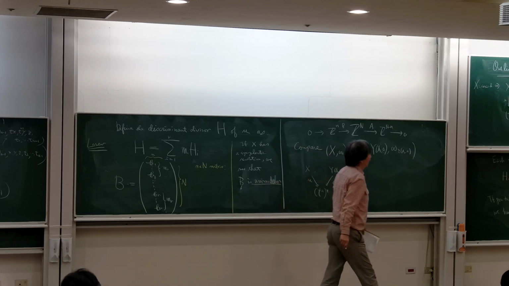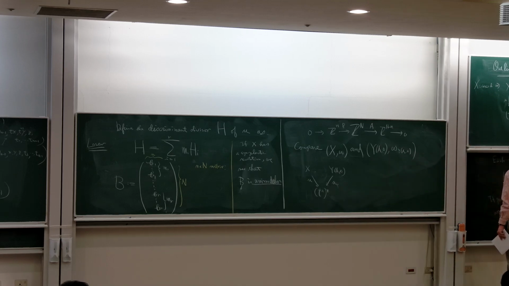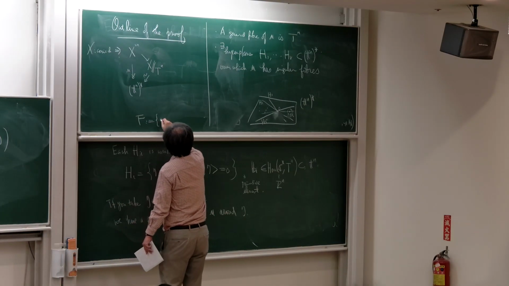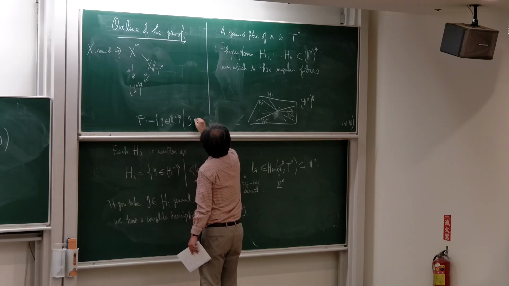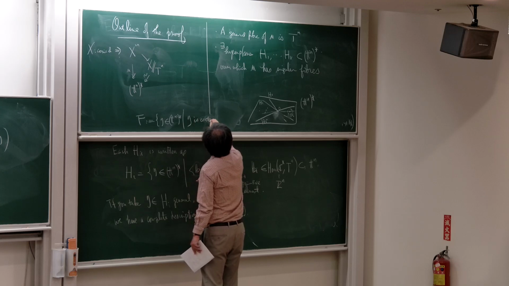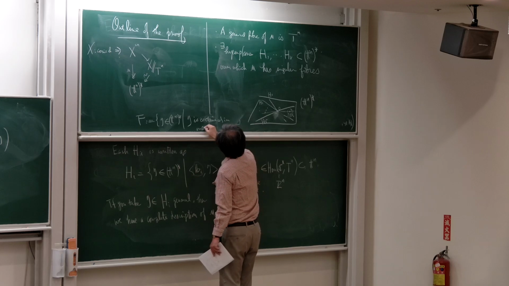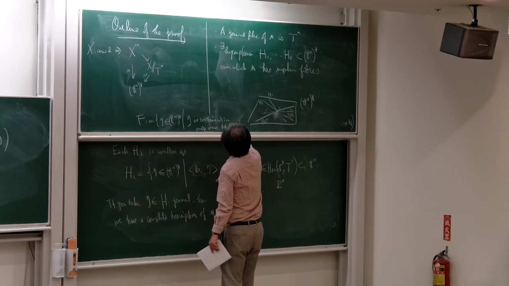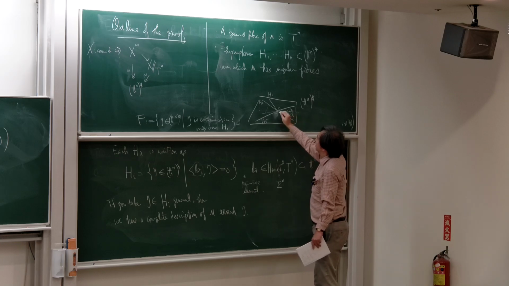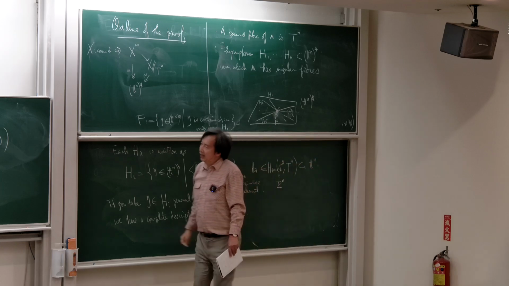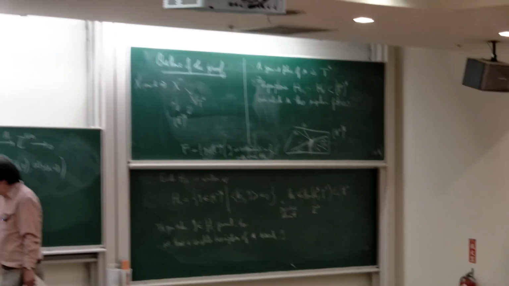But let F be the locus where eta, in T^n star, eta is containing only one H_i. So such a general point is excluded. Now in this picture, F is here. And we exclude F from here.